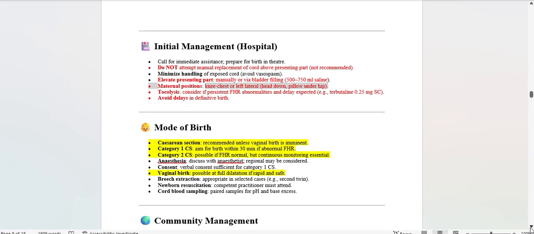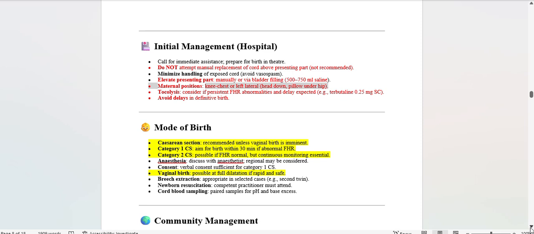Call for immediate assistance. Prepare for birth in theatre. Do not attempt manual replacement of cord above presenting part, not recommended at all. Minimize handling of the exposed cord, because if you handle the cord we will get vasospasm, which is another complication.